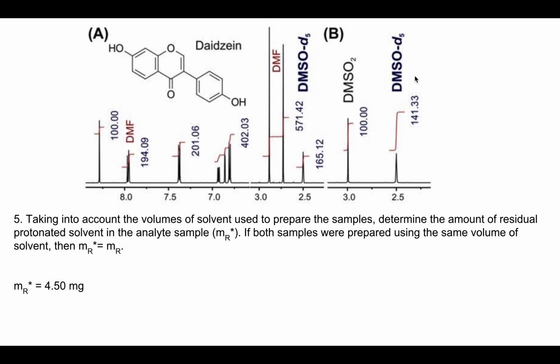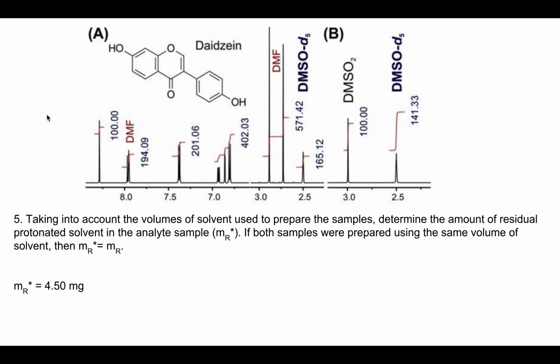And because both samples were prepared using the same volume of solvent, and we're given that information from the authors in the step-by-step guide, this means that M sub R star is also equal to 4.50 milligrams. So this means that 4.50 milligrams of residual protonated solvent is in our analyte spectrum, so spectrum A.